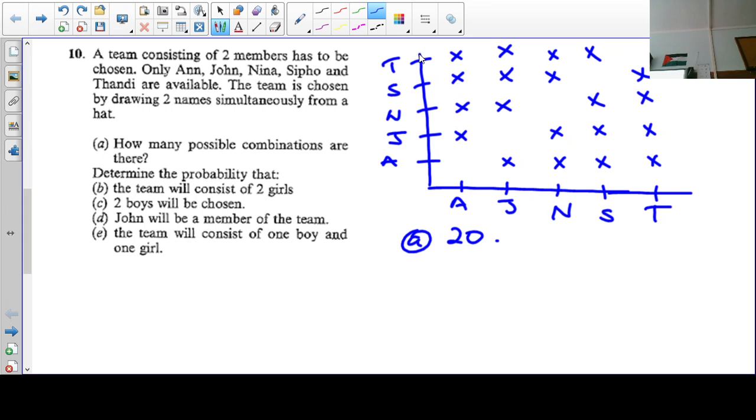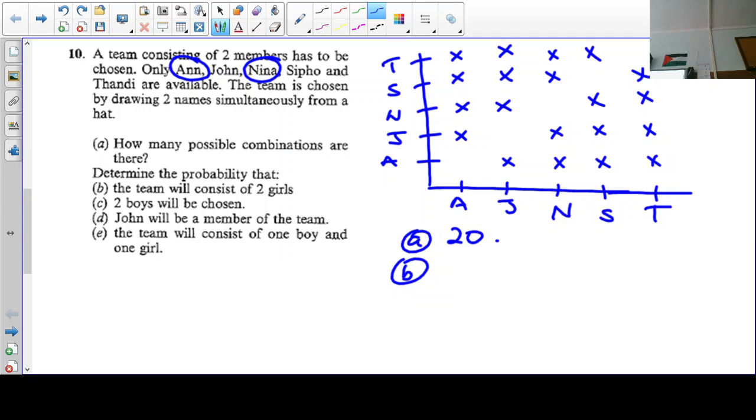Okay. Let's look at B. Determine the probability. Again, probability is number of favorable outcomes over number of possible outcomes. The team will consist of 2 girls. So now we need to know who's girls and boys. And what about N? Nina? Sipo, girl or boy?